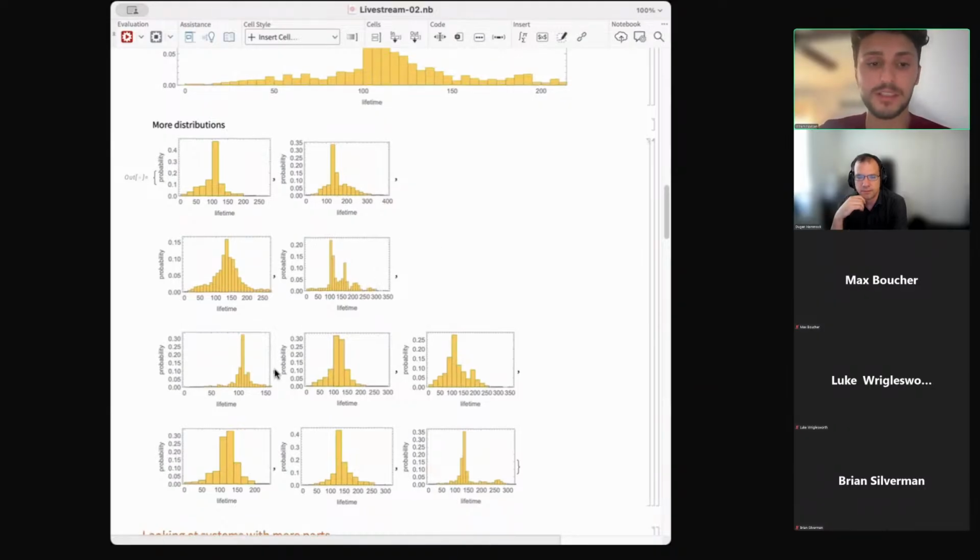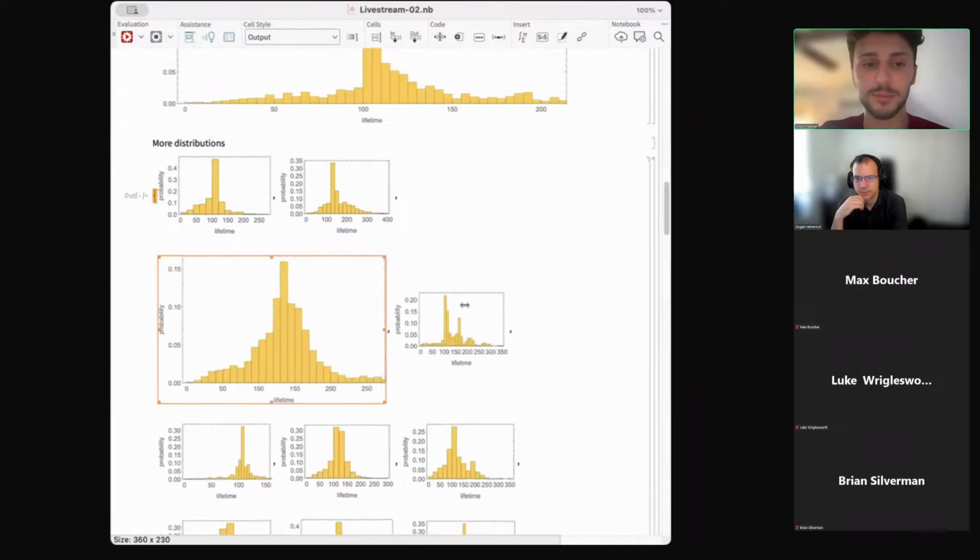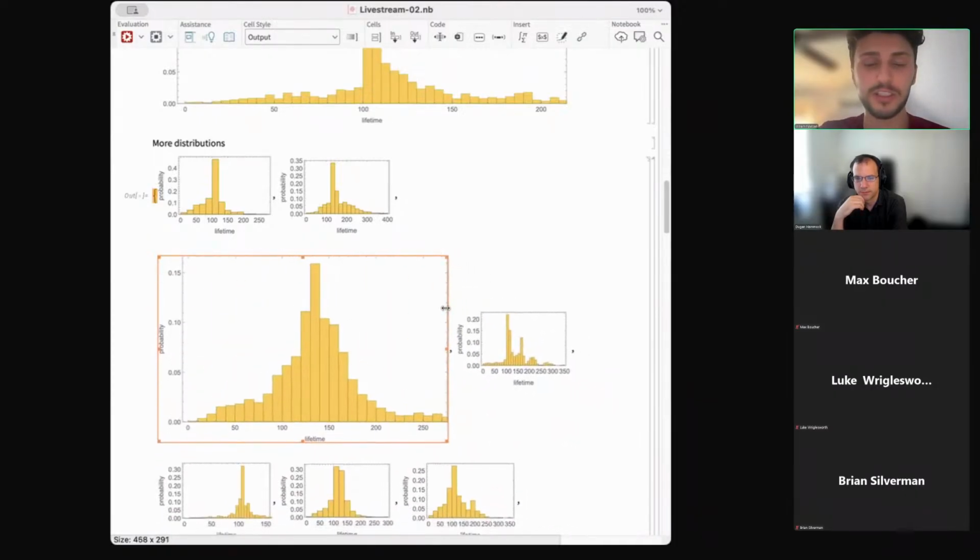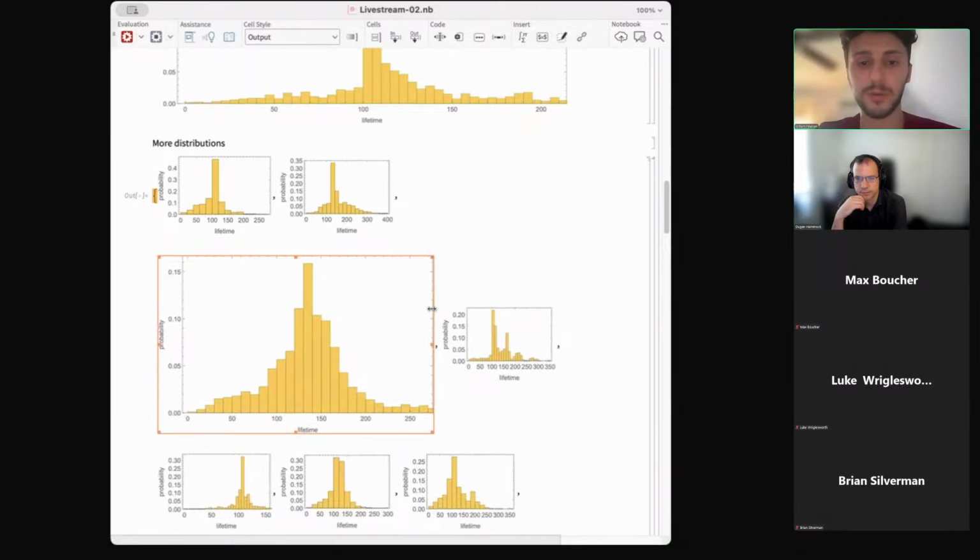Sometimes there are smoother distributions, which is closer to what we want to see in terms of comparing with what we see in the morphology data set.